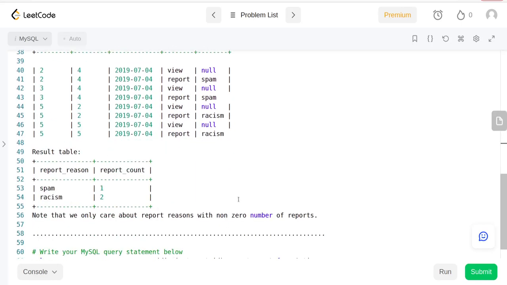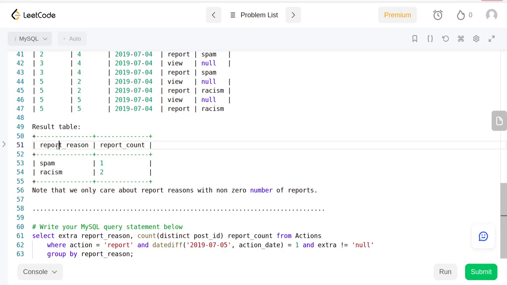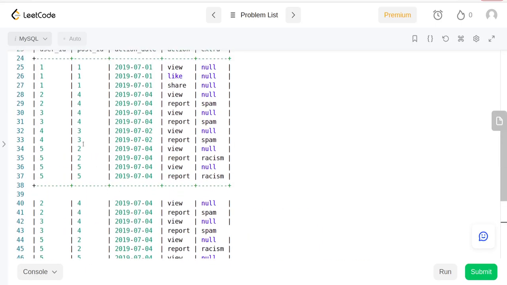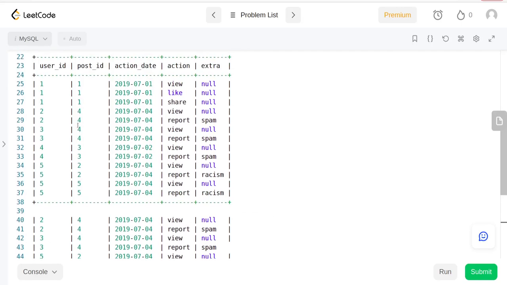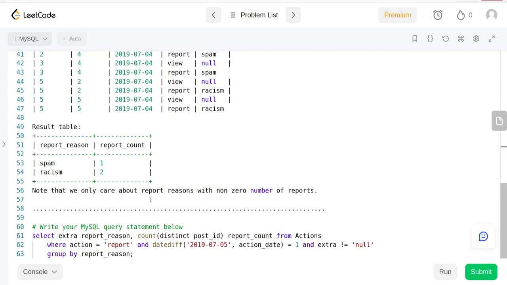It still honestly doesn't make sense, because I was thinking that if someone is reporting that this is a spam report, even though the post ID is the same, two different people are reporting that this is spam, so it should be 2. And that's what we did over here.